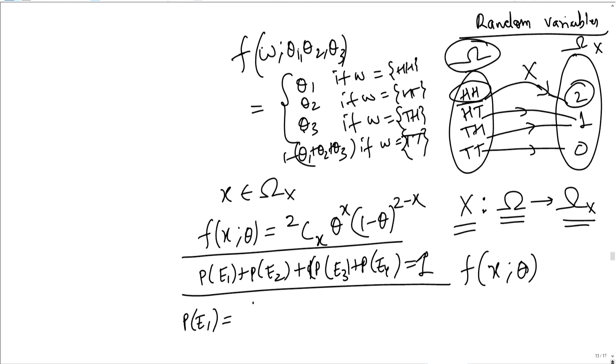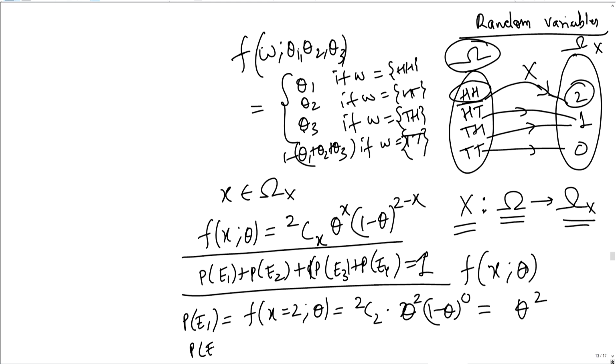So, this would be f of x equals 2, and theta. If x is 2, then 2 choose 2, theta to the power 2, 1 minus theta to the power 0. So, this would turn out to be theta square. Is it correct? Yes.